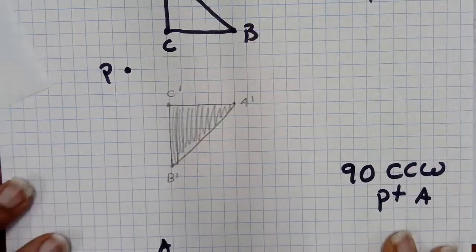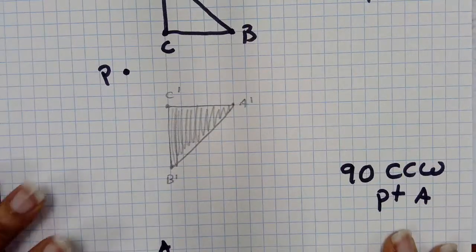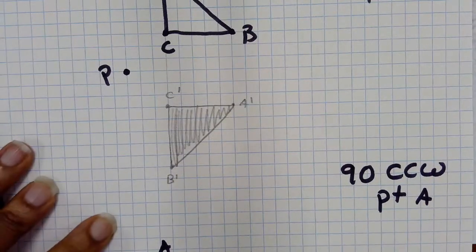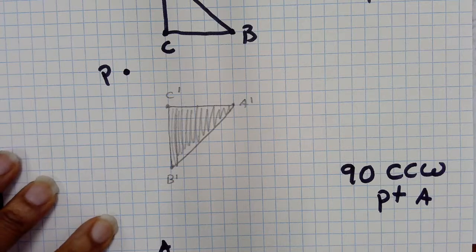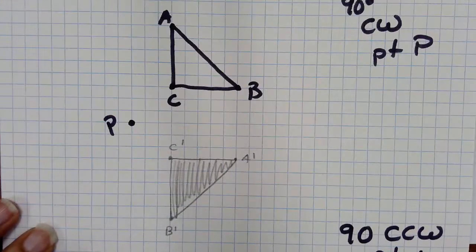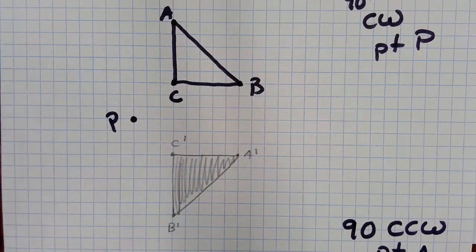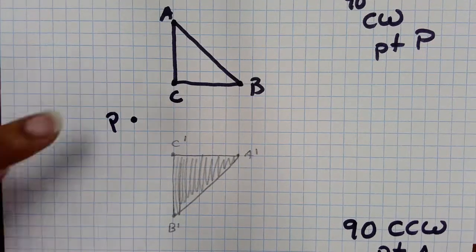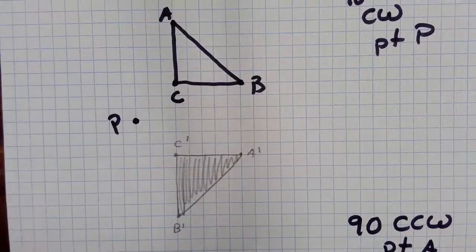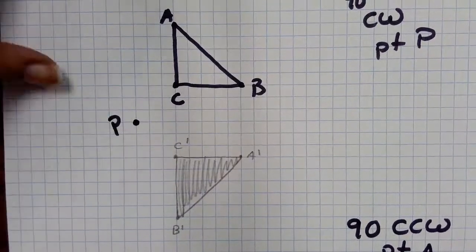So there's my rotation of my original figure, triangle ABC. Now I have triangle A'B'C', a 90-degree rotation of it, going clockwise. That's how you would do a rotation when they give you a point that's outside of the shape.